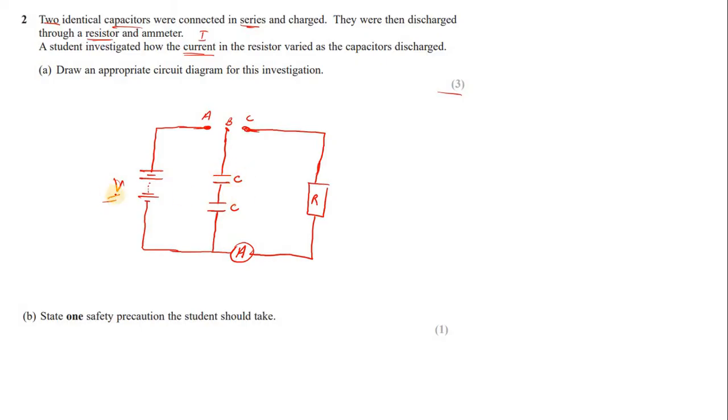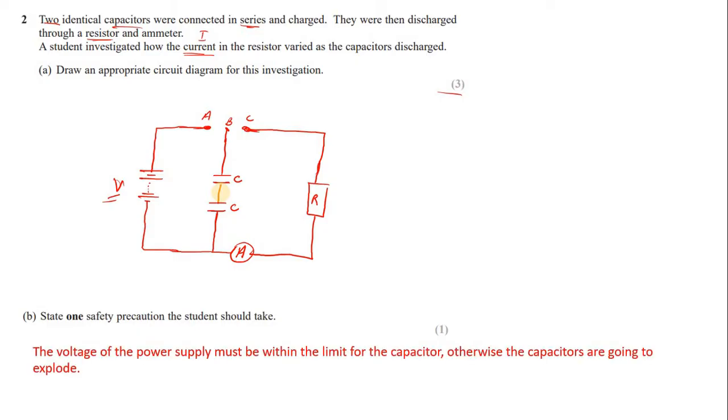If V exceeds the limit, then it is possible that the capacitor explodes. So we should use an appropriate power supply within the limit of the capacitor voltage, so that the capacitor does not explode. This is one of the precautions.